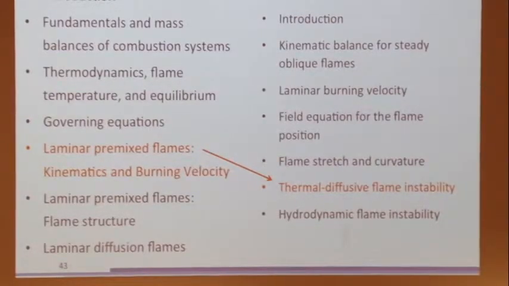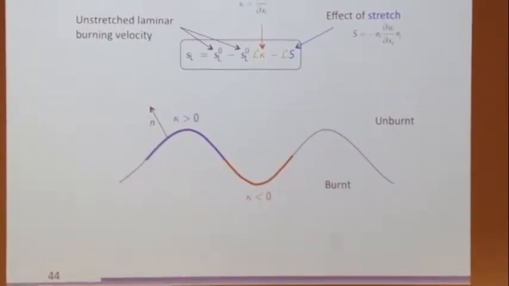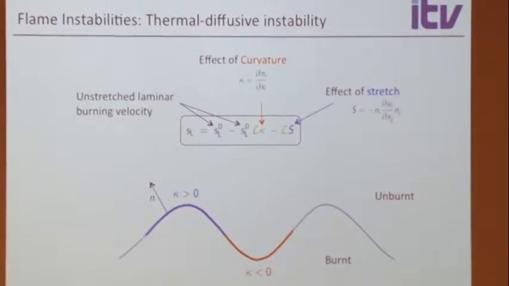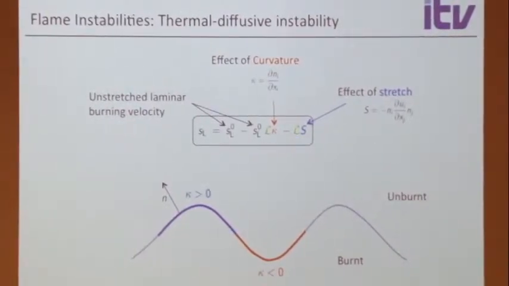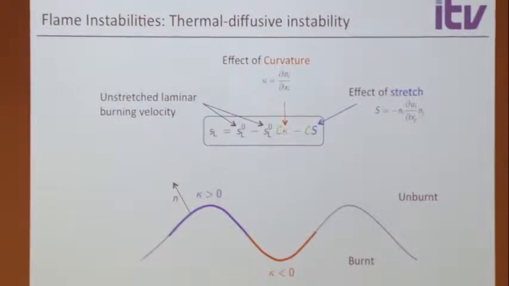Okay, so then let's talk about these instabilities real quick. There are two main instabilities, the thermodiffusive instability and the hydrodynamic instability. The thermodiffusive instability I explained already earlier. Let's say you have a flame like this, where this is unburned and this is burned. Then this would be a positive curvature, and this a negative curvature.